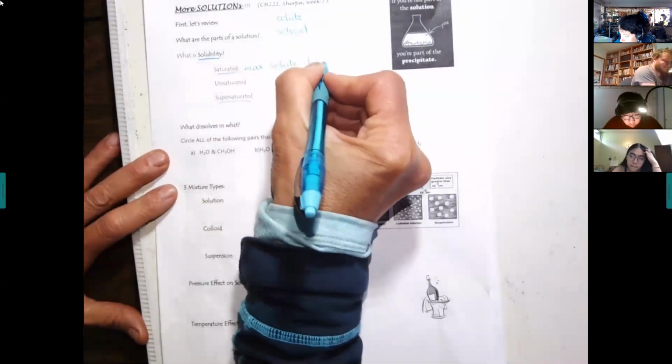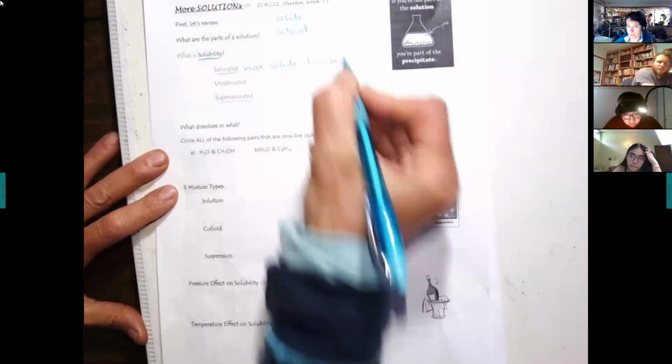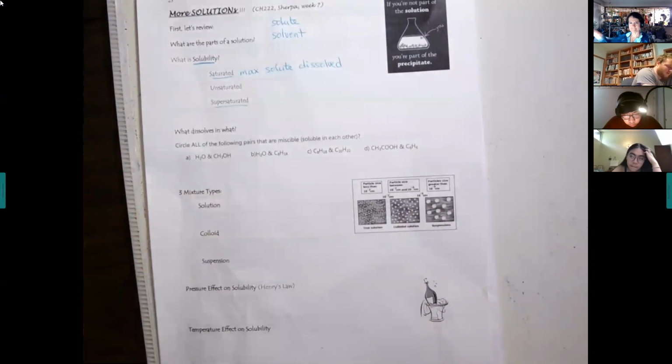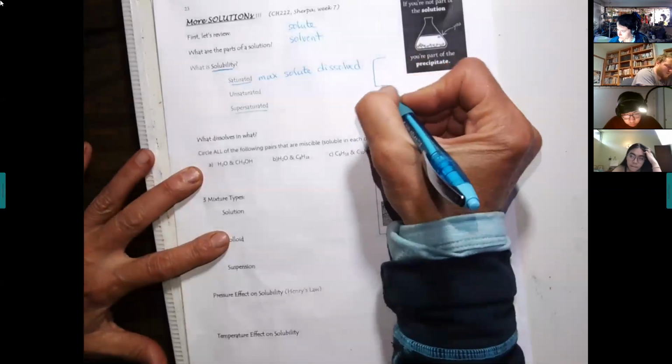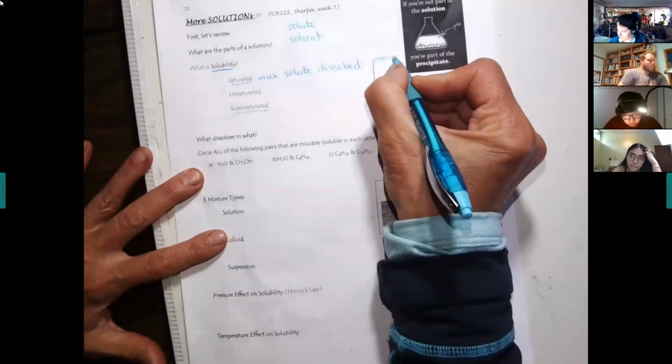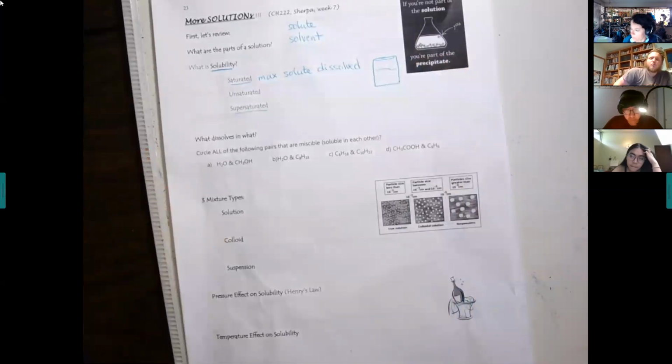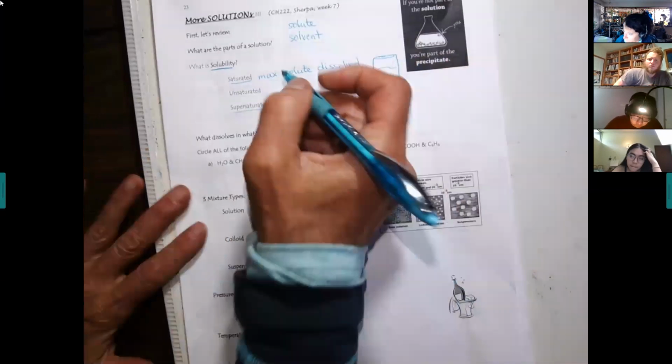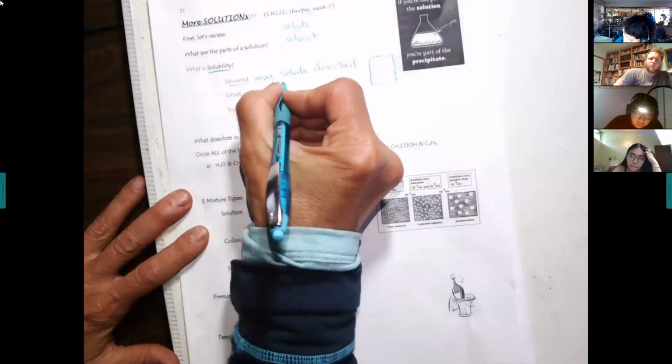So, the diagram I always draw on the board is, if you had a solution and you added 1 more grain of salt, it would not dissolve. So if you add more, it does not dissolve.